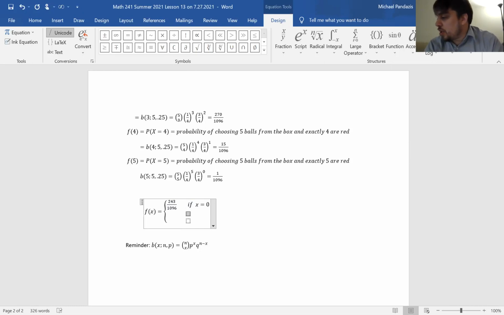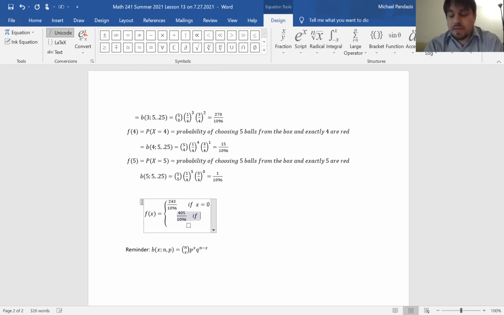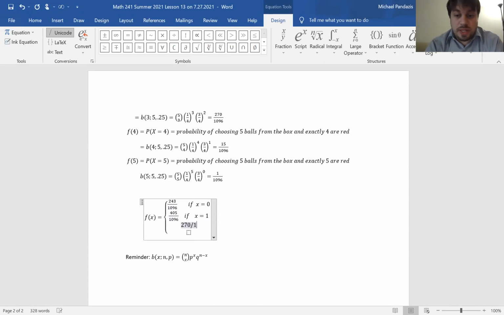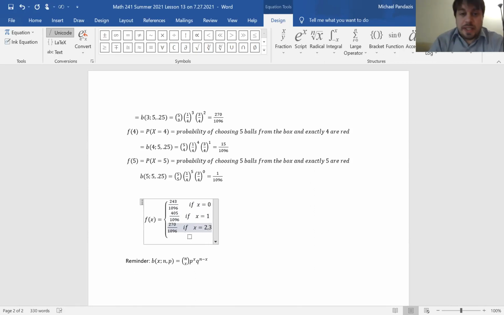The probability is 405 divided by 1096 if x is equal to 1. The probability is 270 over 1096 if x equals 2 or 3.